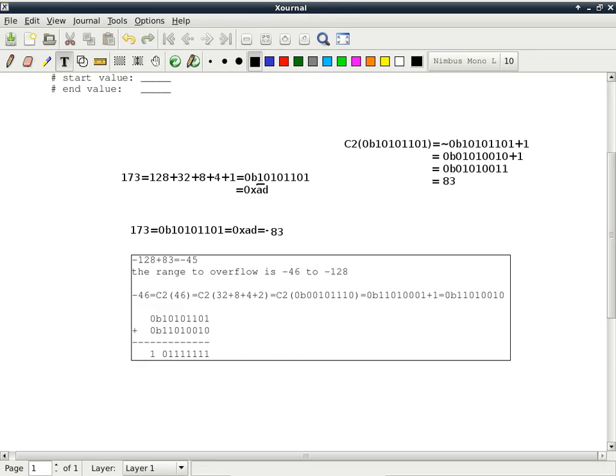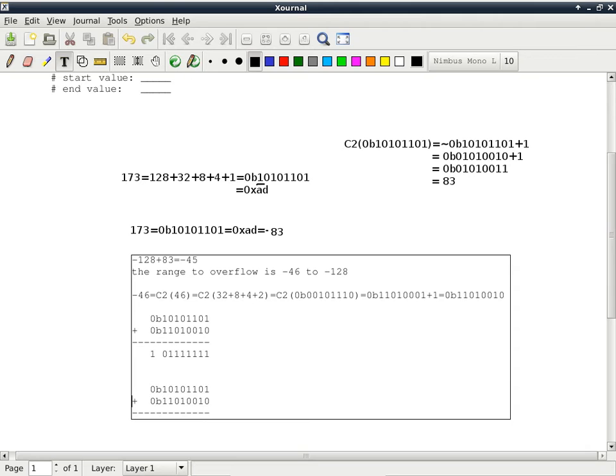You can do the same thing to negative 128. Negative 128 is easy. It's 1 followed by 7 zeros. Does anyone want to see that? I don't think that's the range. I don't believe it. Okay, let's do it.